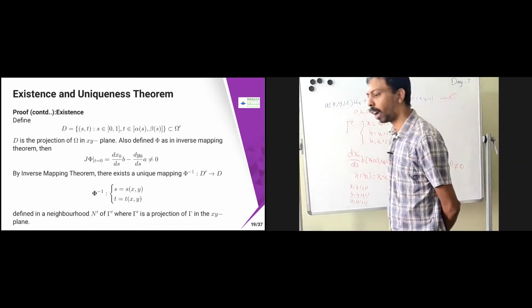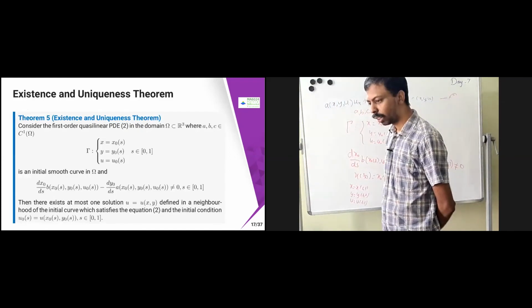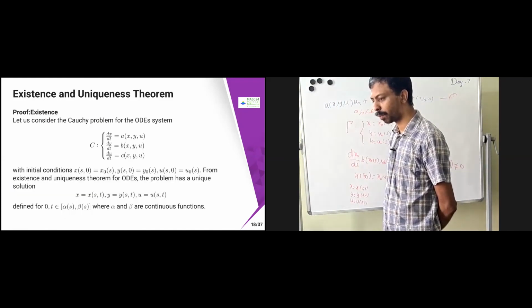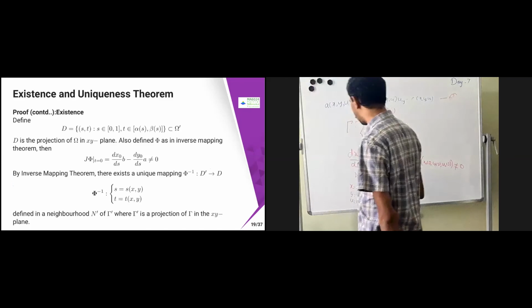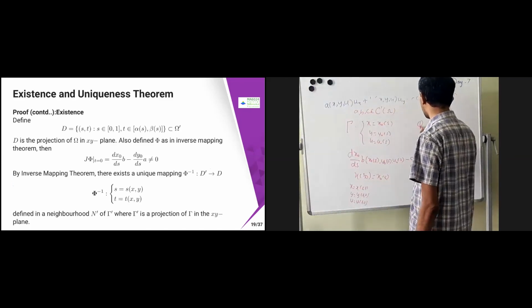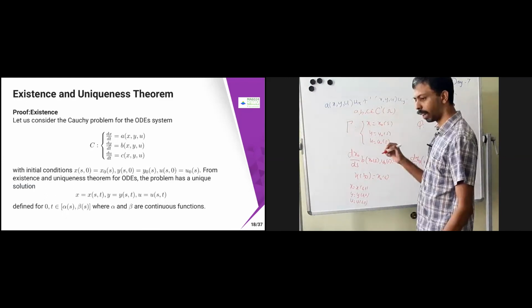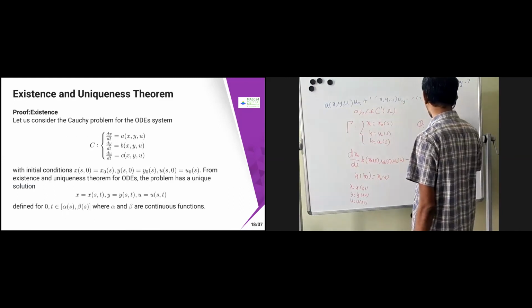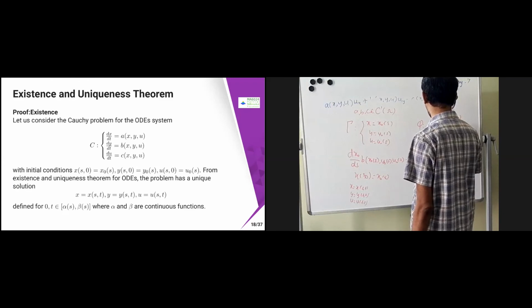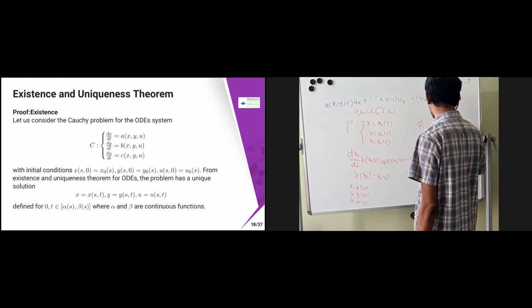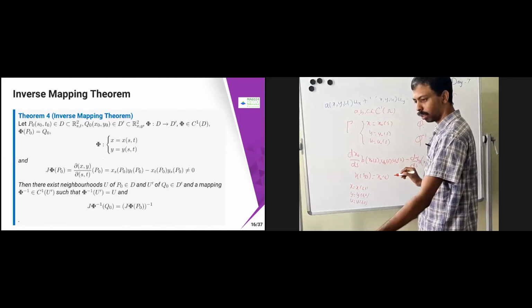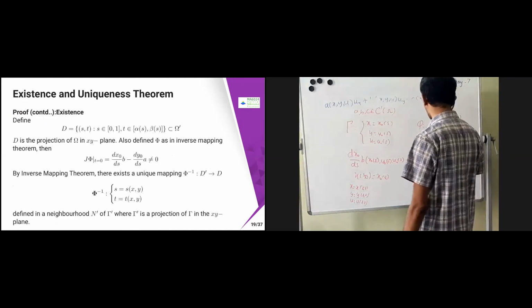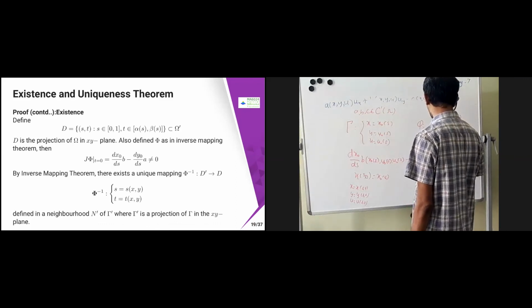Therefore, you have a mapping x equal to x of s comma t, y equal to y of s comma t, as we have seen in the inverse mapping theorem. Then there will be a pi inverse, such that s equals s of x comma y and t equals t of x comma y.